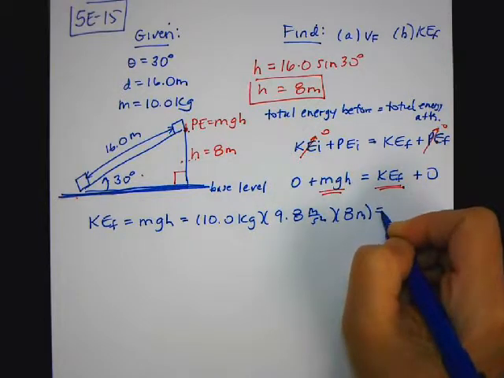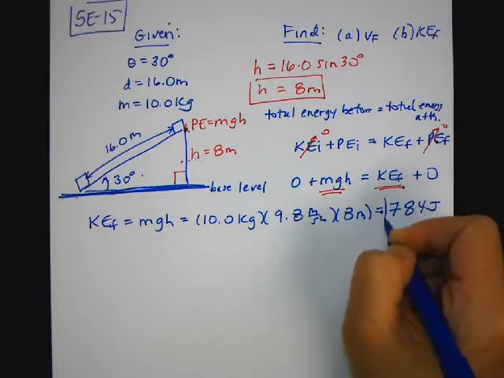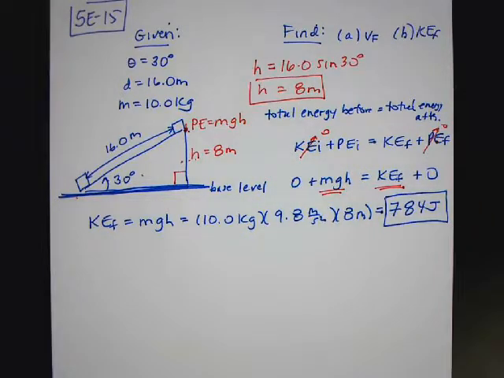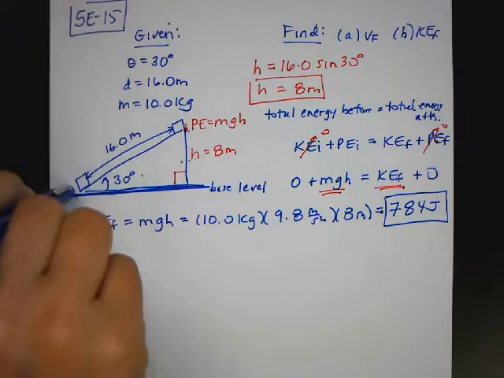So that comes out to be 784 joules. And that's why it's easier to do part B before part A. So again, we did conservation of energy. The total energy here is equal to the total energy here.